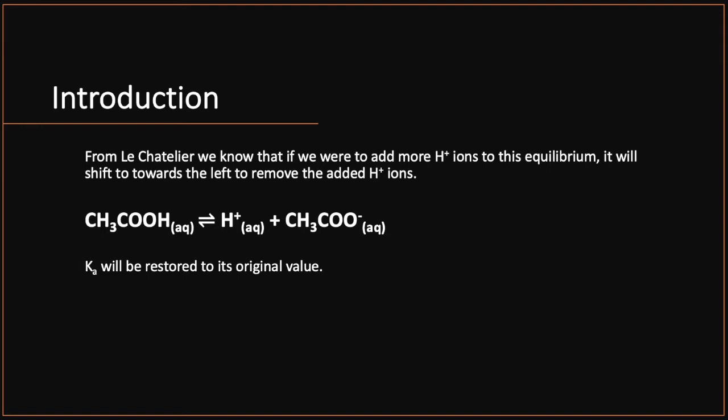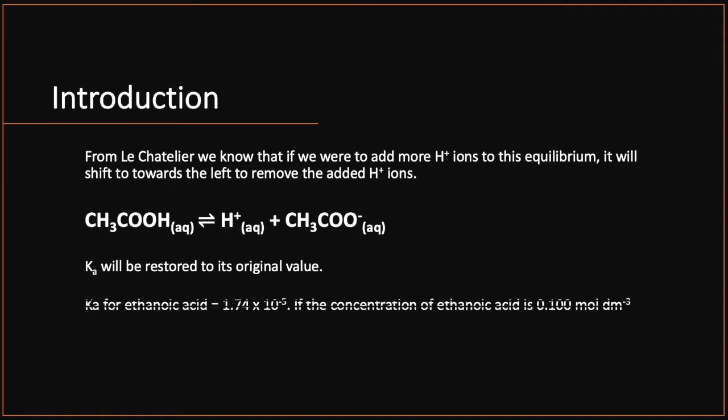And that's because it needs to remove the added H plus ions, and the idea is that Ka is restored to its original value. So Ka for ethanoic acid is very small, 1.74 times 10 to the minus 5.